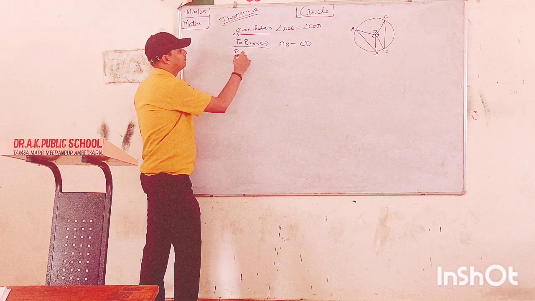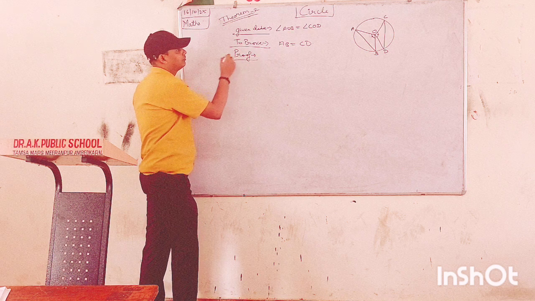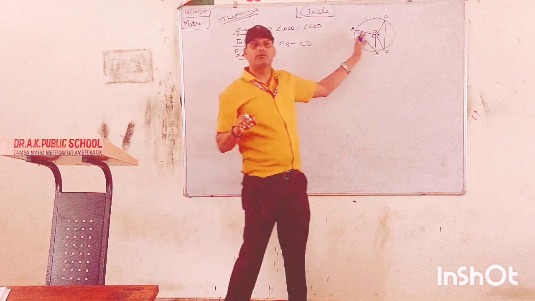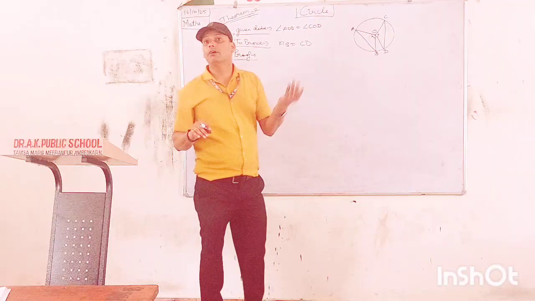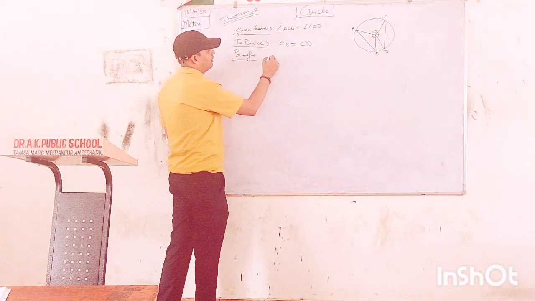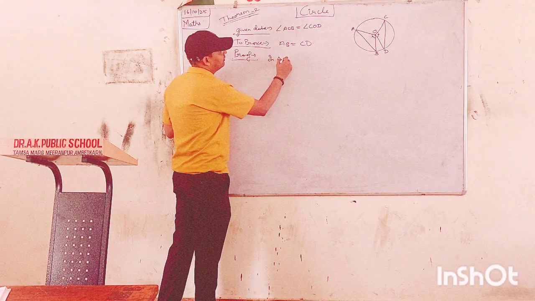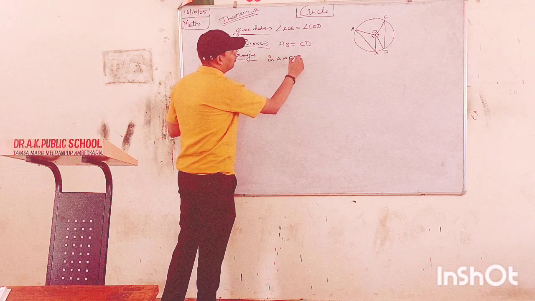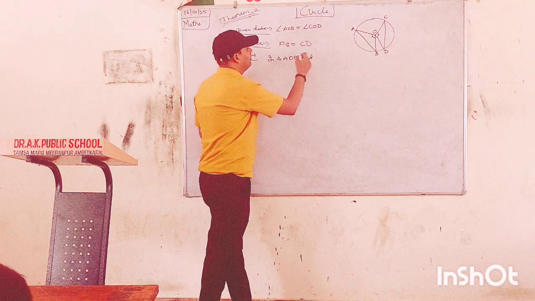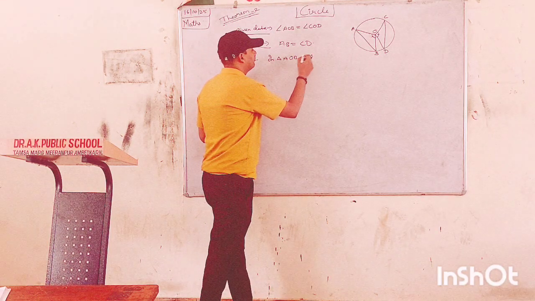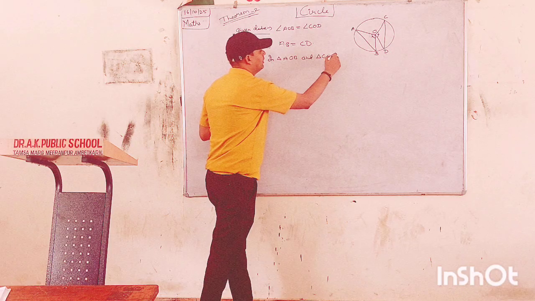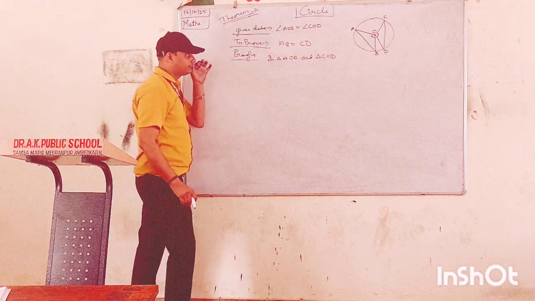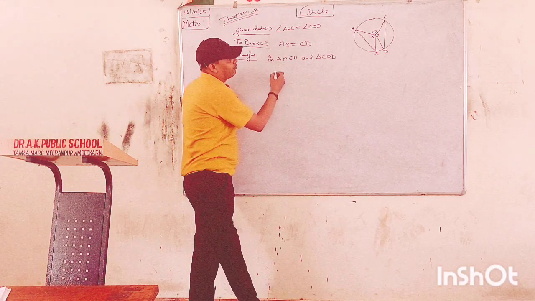Proof. Again we will take both the triangles and we will prove them congruent. In triangle AOB and triangle COD, clear? What have we been given?